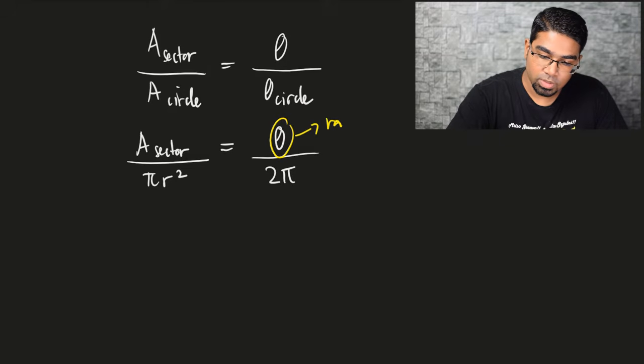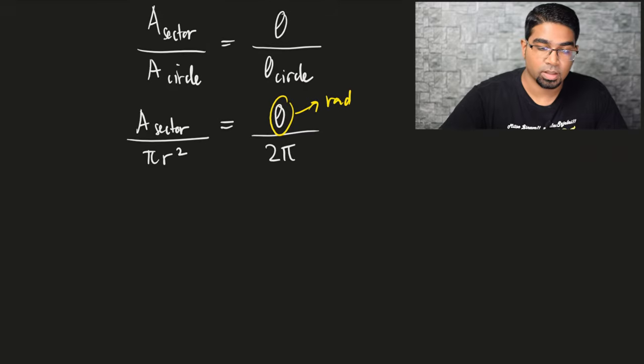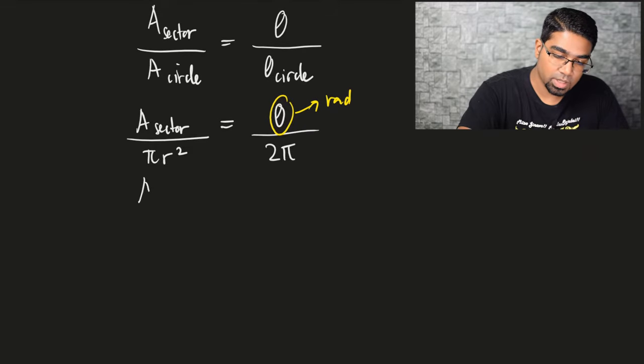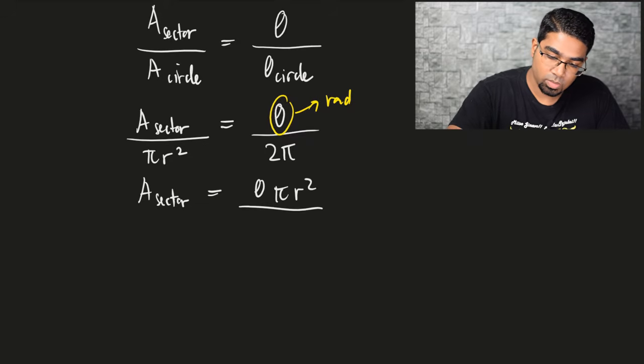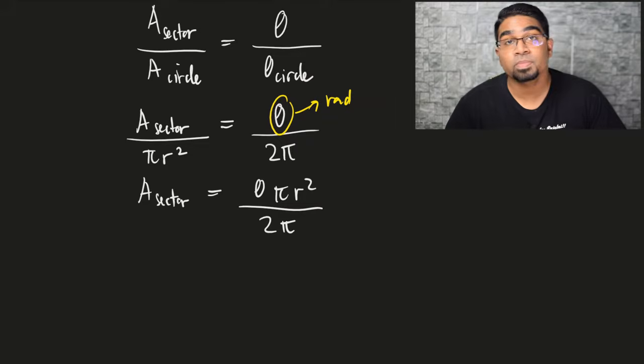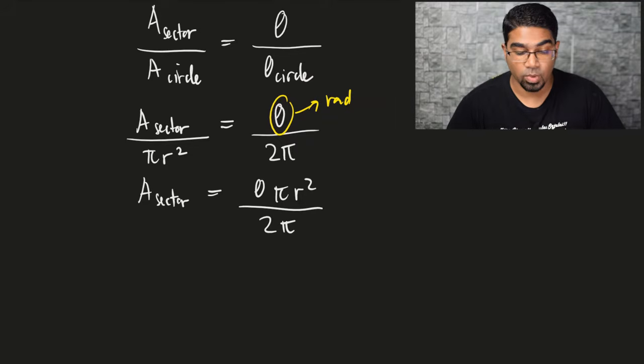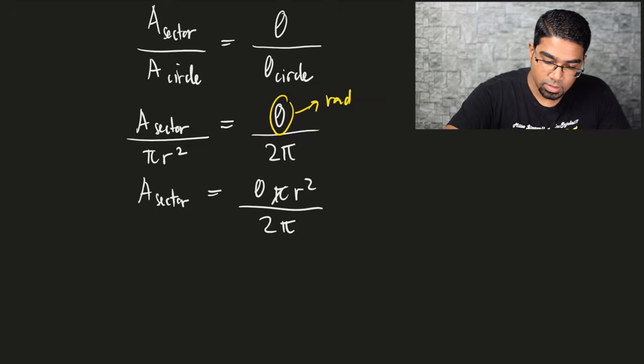Now the reason that we use radians, let's make area the subject. So area of sector is equal to theta pi r square over 2 pi. Multiply both sides by pi r square. We eliminate pi.